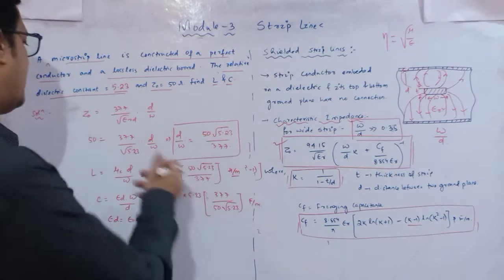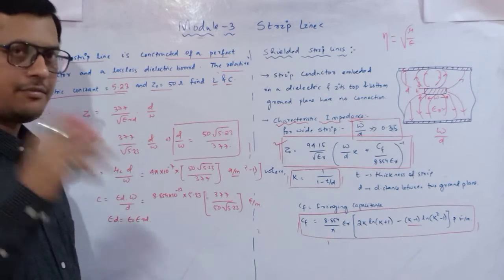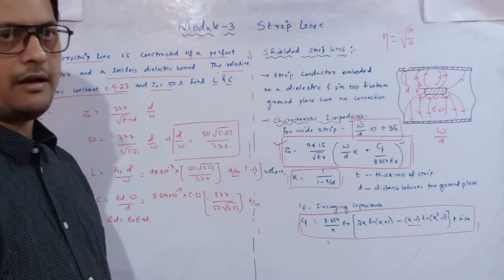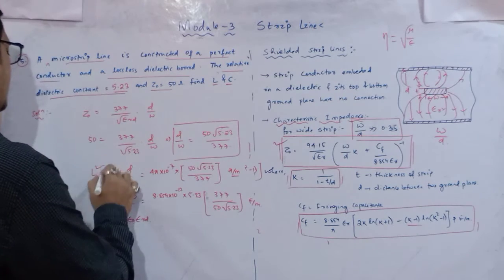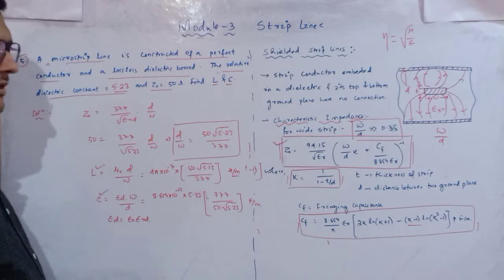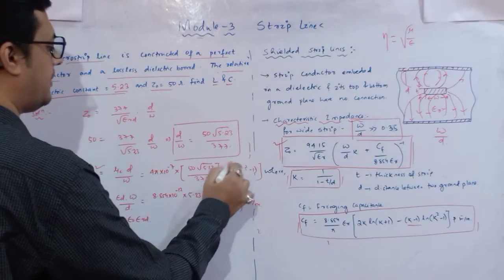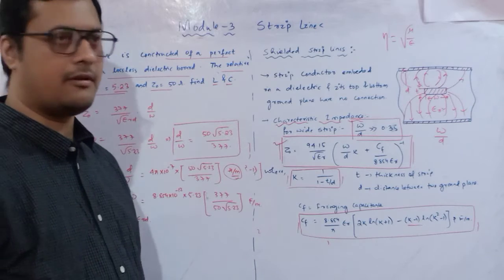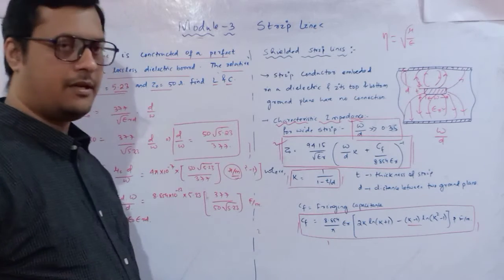So I have represented the relation; substitute the given data and find the specific values for inductance and capacitance. The unit will be Henry per meter; it may be in micro or milli, whatever it comes, but it will be Henry per meter.